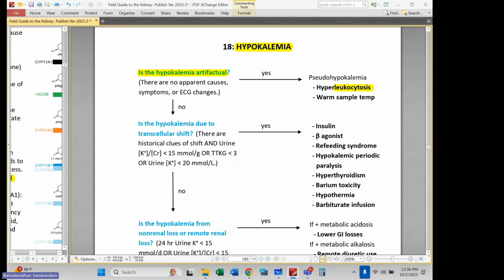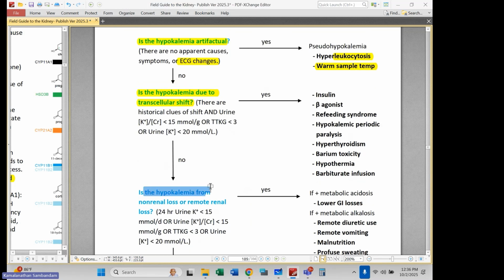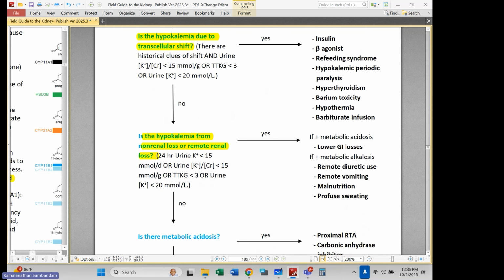There are some temperature disturbances that can also cause artifactually low serum potassium. The giveaway would be the asymptomatology as well as the lack of EKG changes. Then there are the familiar patterns. Is there a transcellular shift? And then is this a renal cause or a non-renal cause? So we'll go through that as we go through the differential diagnosis.